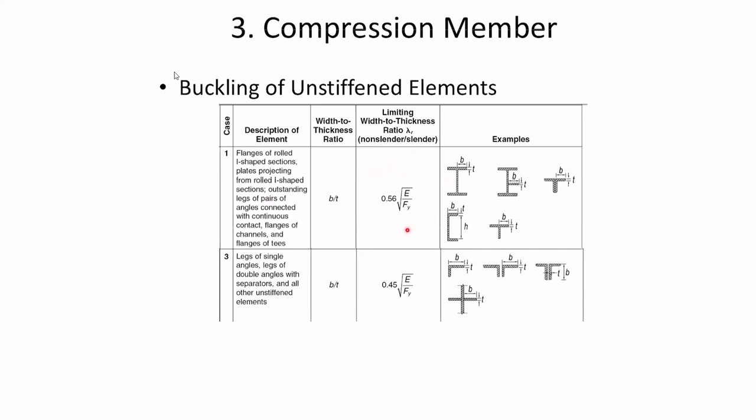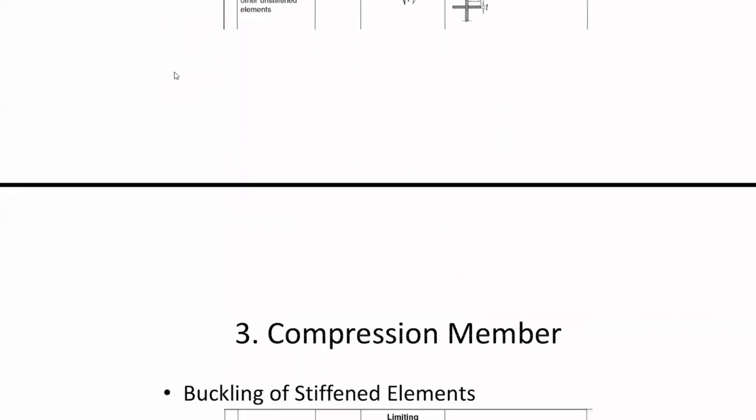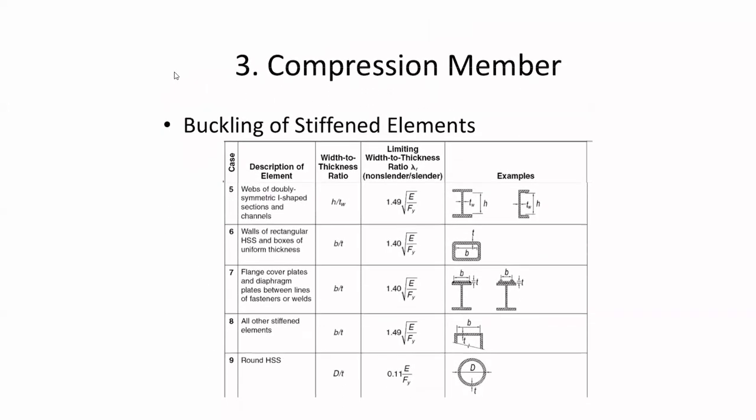Now, if it is the leg of an angle like this, or the crucifix, the limit becomes 0.45 because the angle is just like two unstiffened elements put together. So it's not as strong as the flange, which is connected to the web. So the limit is lower. Now we have the stiffened element, which is the web.